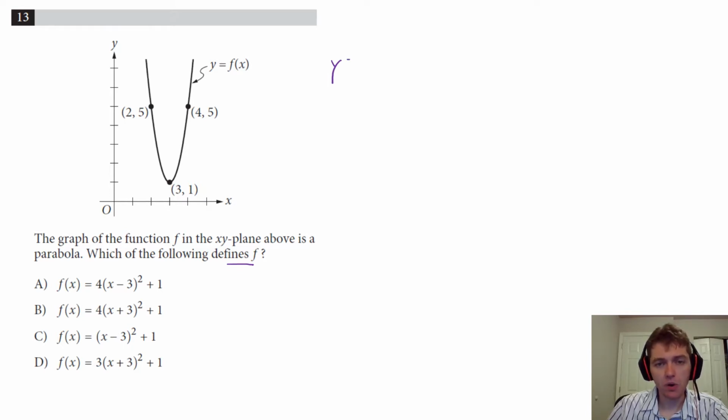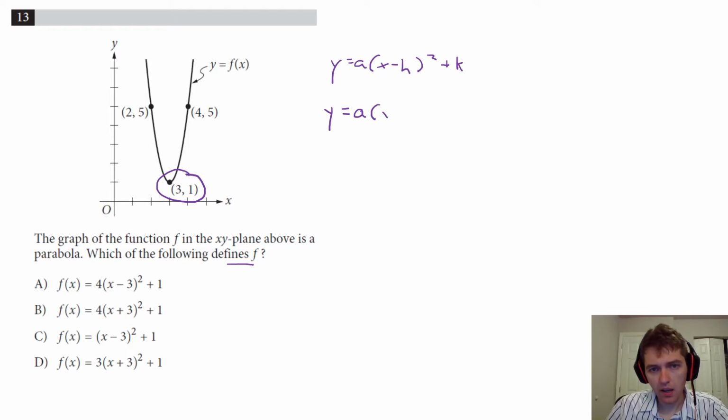It is y is equal to a times x minus h squared plus k, where h, k is the vertex of the parabola, or the bottom or top, depending on which direction the parabola is facing. So at this point, you can plug in 3, 1 as h and k. So you know y is equal to a times x minus 3 squared plus 1 is the equation.